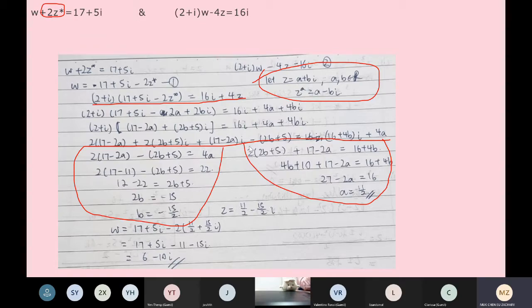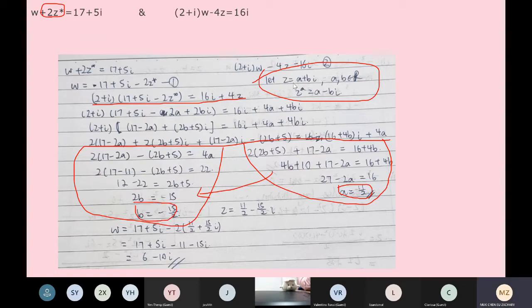So directly from the imaginary part, you'll be able to find what a is, which is 11 over 2. Okay, so now we've got a. What you do is you substitute a back into this equation, and then you start to solve for b.